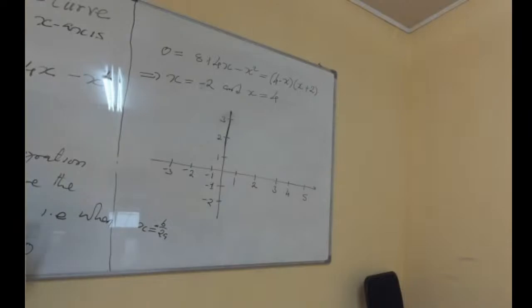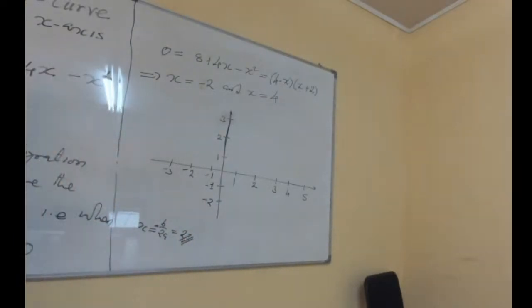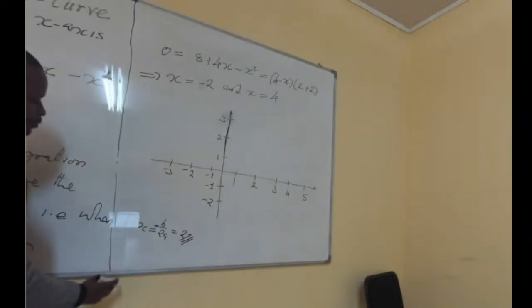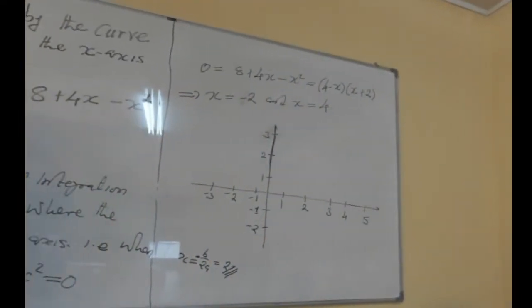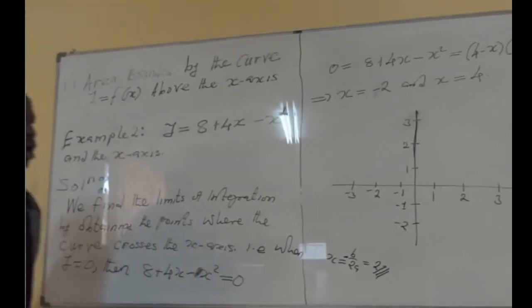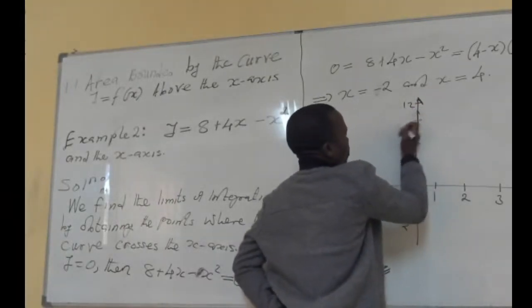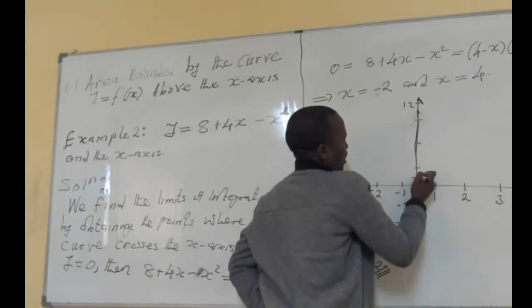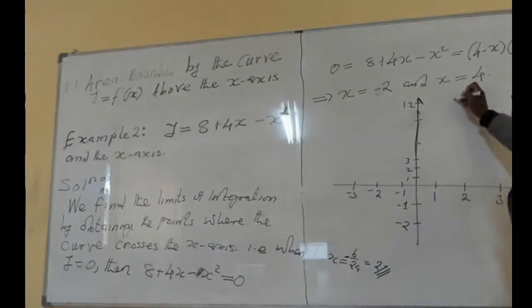Your b is 4, our a is negative 1, so we are going to have a 2. So the x coordinate of the turning point will be 2, and for the y coordinate, if you put a 2 here, you have 4, we have 8, 16 minus 4 to give us a 12. So our turning point will be somewhere there, at 12.